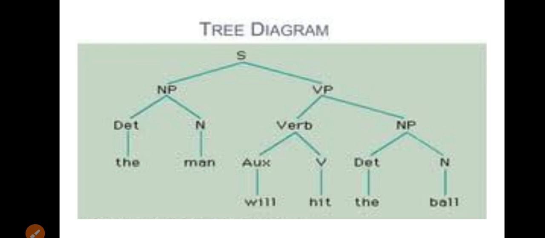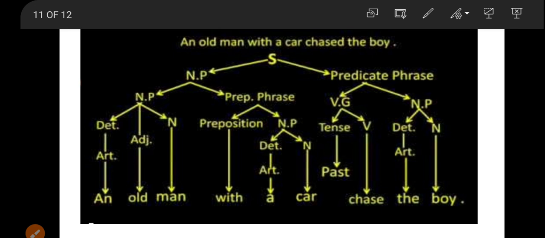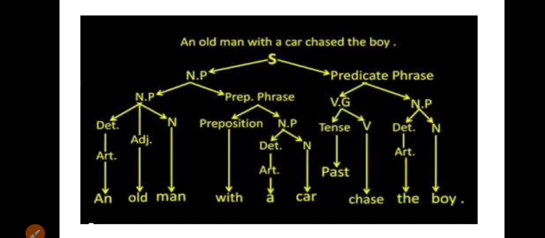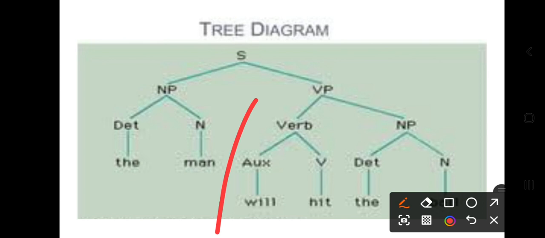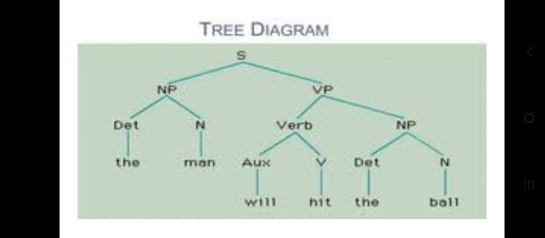"The man", no need to explain, that is already done. Then the verb phrase: two verbs are there actually, "will" and "hit", auxiliary and main verb, then the noun phrase. Okay, so this is short.